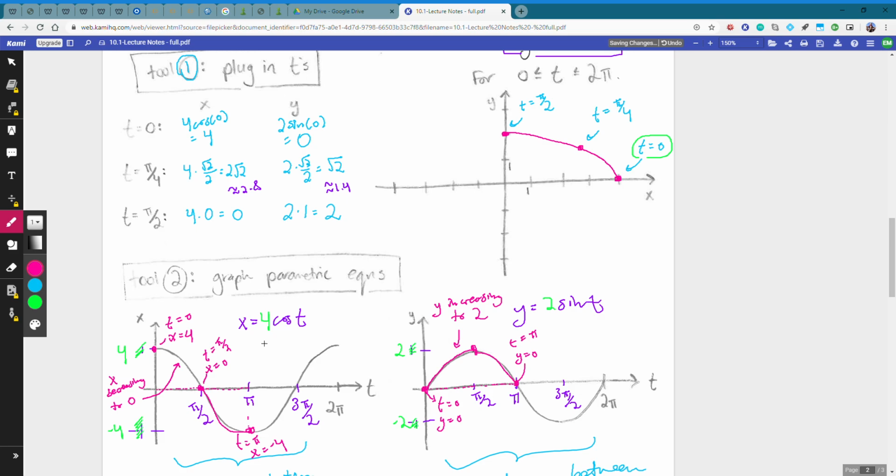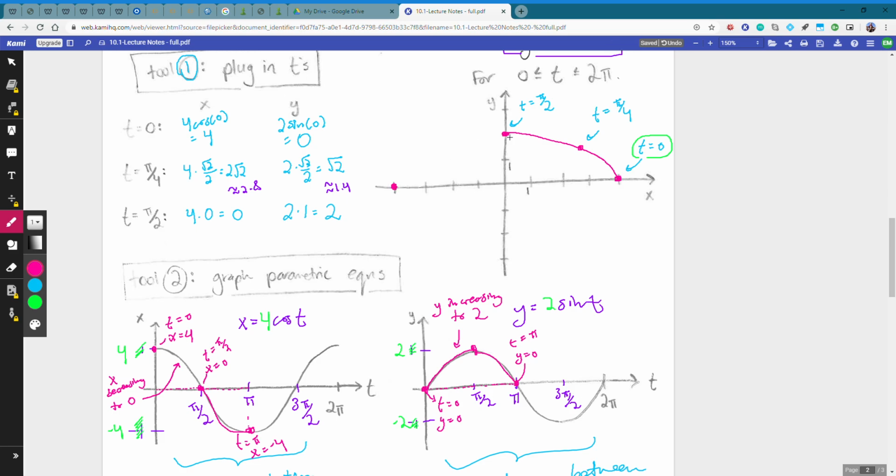And so, over this next stretch of time, x is decreasing to -4, y is decreasing down to 0. And the point we end up with is (-4, 0). So way over here on the left. It's the point that we end up with.